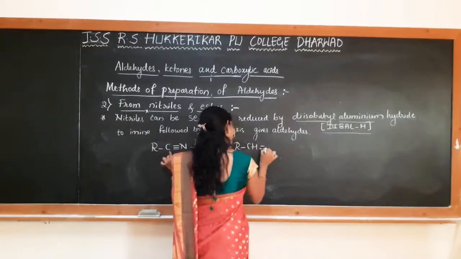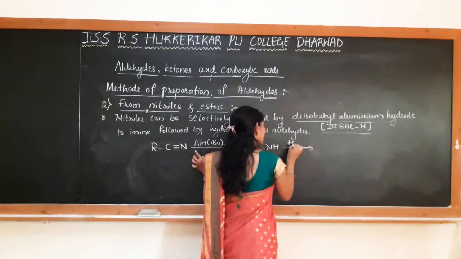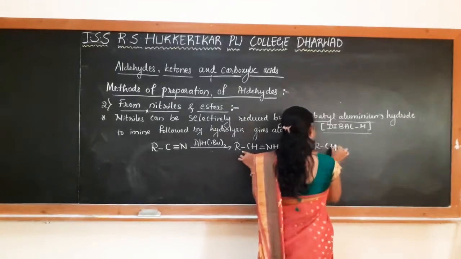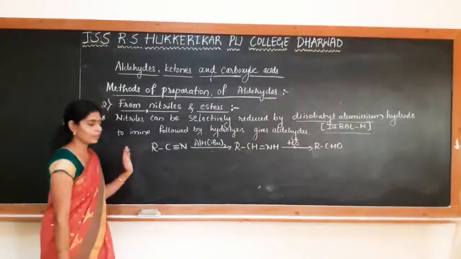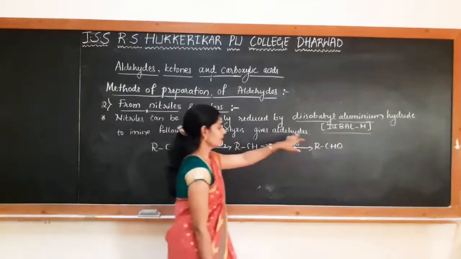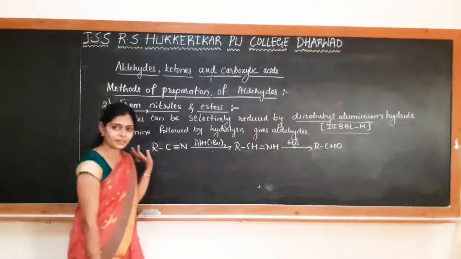So there is a formation of imine. When this is subjected to acid hydrolysis, there is a formation of the respective aldehyde. So like this, nitrile is reduced to the imine and further undergoes hydrolysis to give the aldehyde.